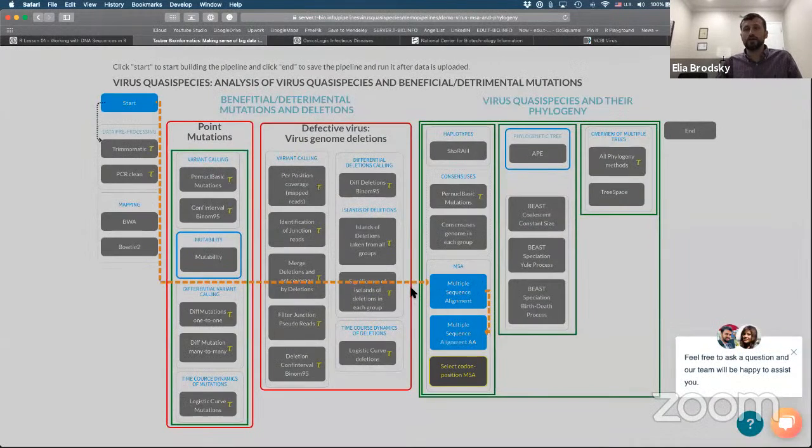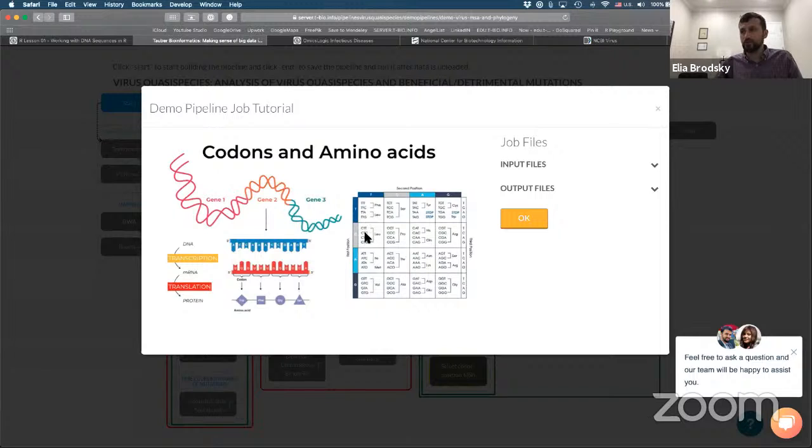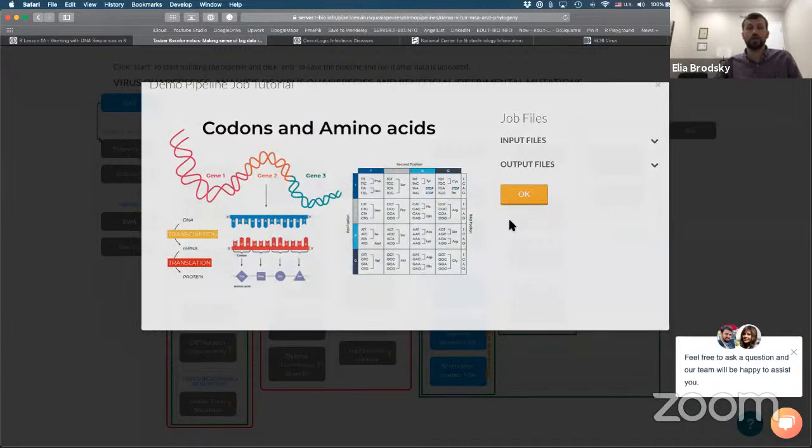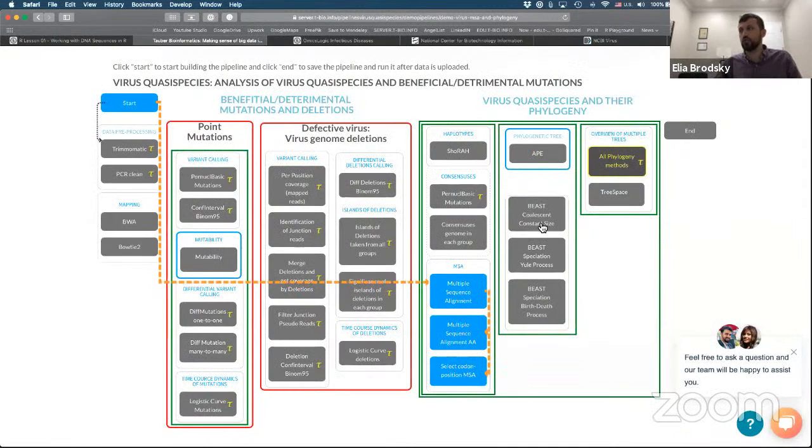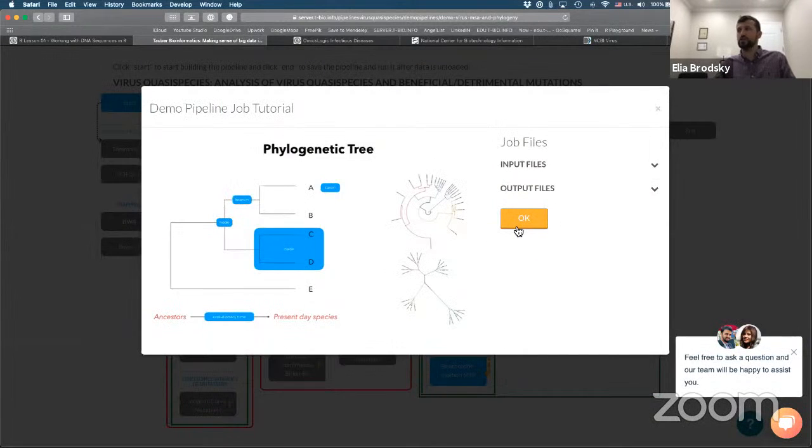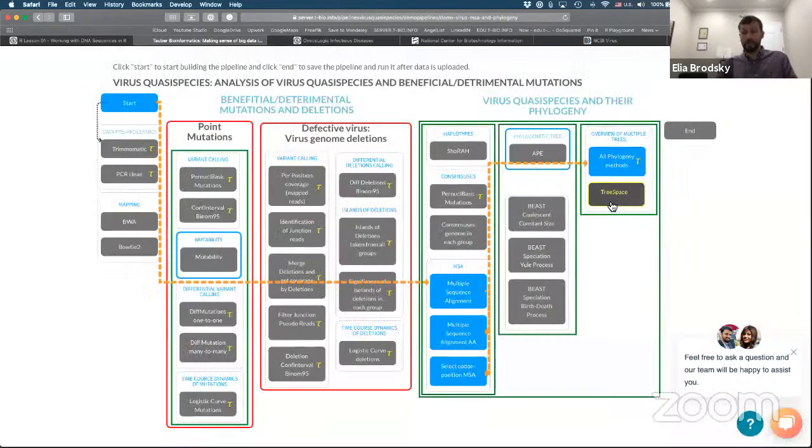You can also analyze the different types of codons. You can see that each change could be a result of changes in different positions in the codon, so we can look at the different preferences over which positions we are incorporating. And then we want to reconstruct a phylogenetic tree. We'll look at phylogenetic trees coming from multiple methods.